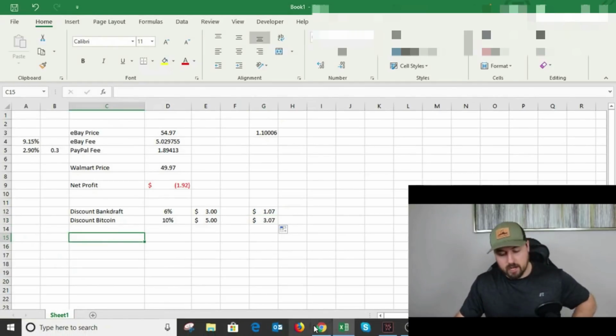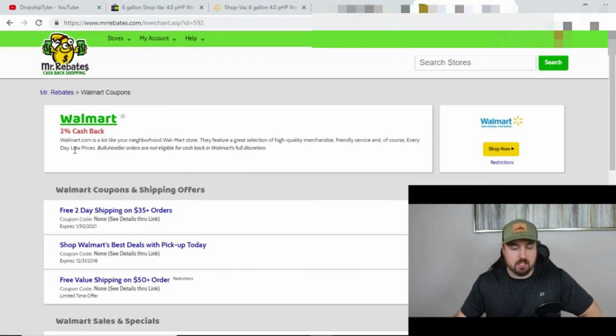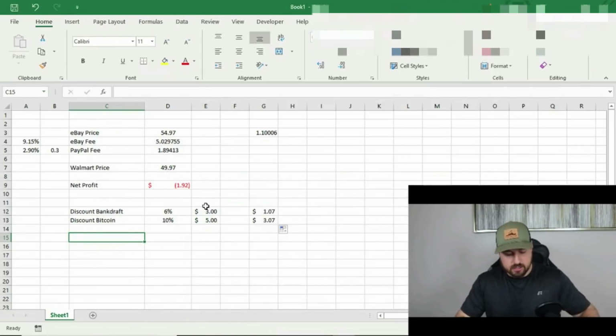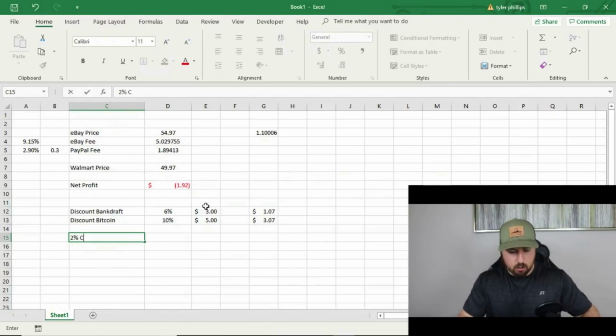Now, if you look at a site called Mr. Rebates, they're currently giving 2% cash back on Walmart, which they always do. And let's add that in there to see exactly how much it is. Obviously, it's going to be a third of the $3, so it's going to be $1, but let's just put it in here for the purpose of the spreadsheet.